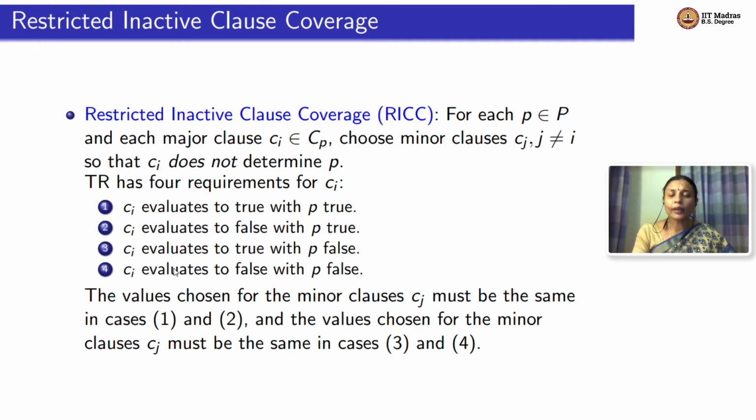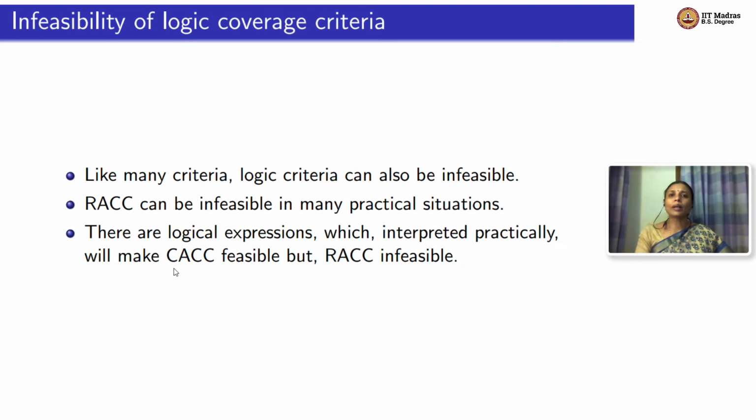Before I wind up this, it's important to understand how these kinds of logical requirements can become feasible or infeasible. Remember, when we did graph based testing, we talked about infeasible test requirements, especially related to prime paths and loops. And these infeasible test requirements being tested possibly by using side trips or detours. In the same way, logic coverage criteria can also become infeasible.